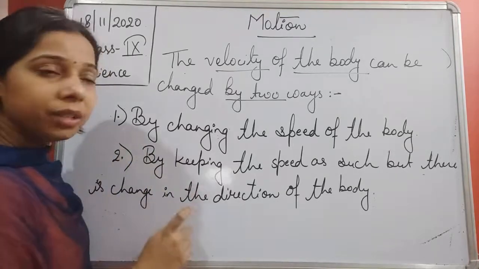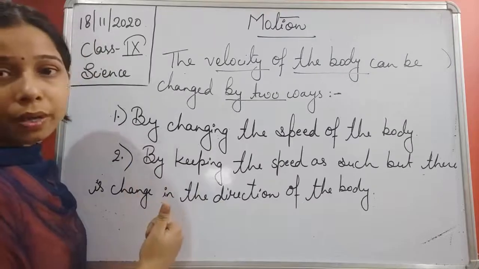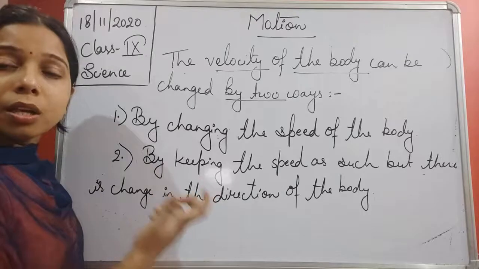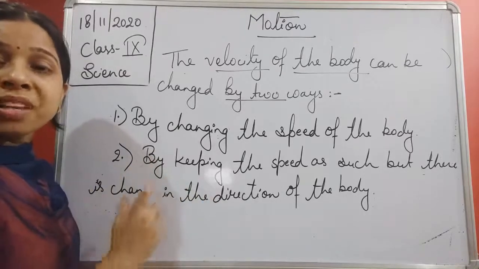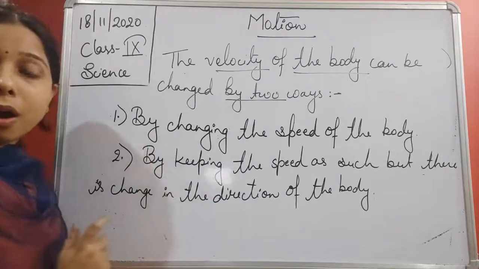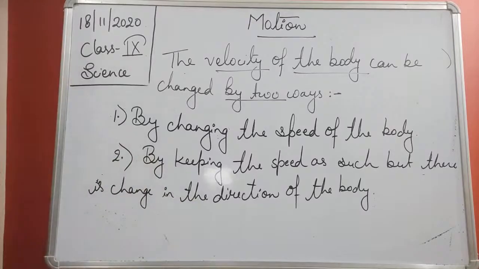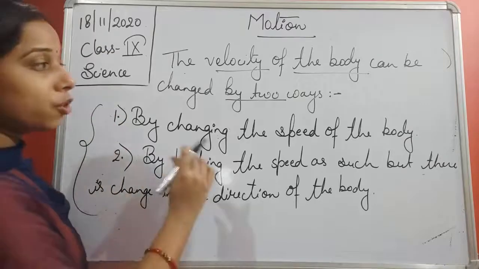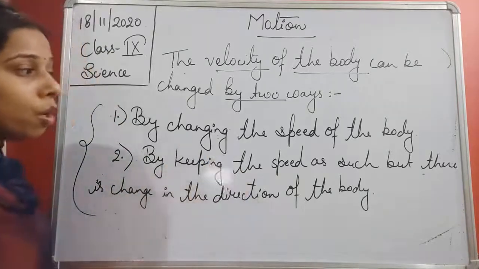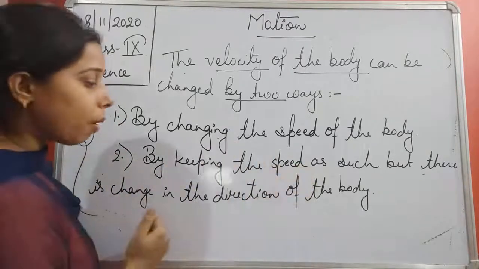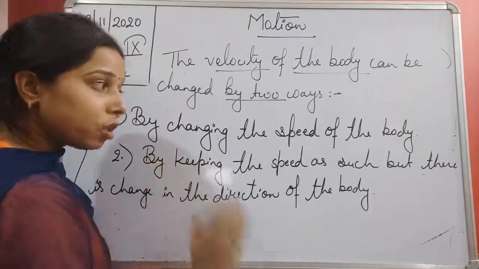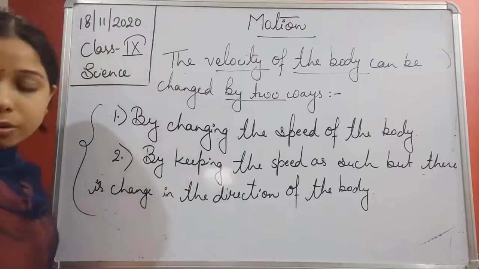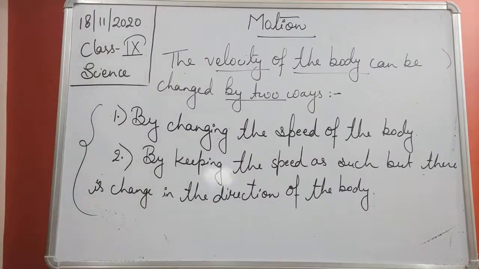When either the speed of the body or the direction of the body is changing, it will lead to a non-uniform or variable velocity. So we can say that the velocity of the body will get changed in these two ways: by changing the speed of the body, as well as by not changing the speed but changing the direction of the body, it will also lead to a change in velocity.